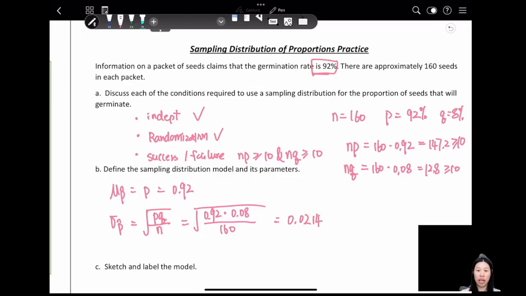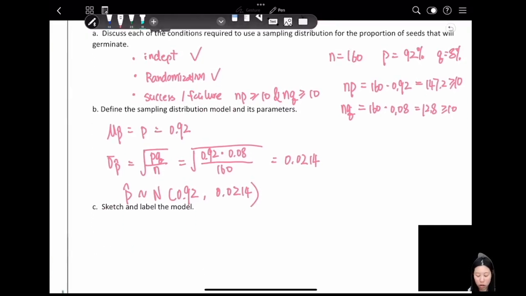And then we know that this follows a normal distribution. So p hat follows a normal distribution with a mean of 92% and a standard deviation of 0.0214.